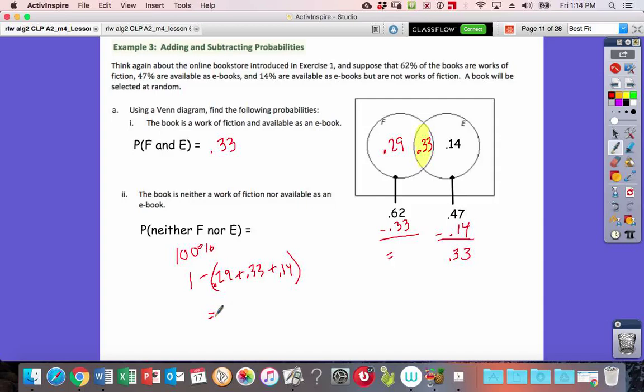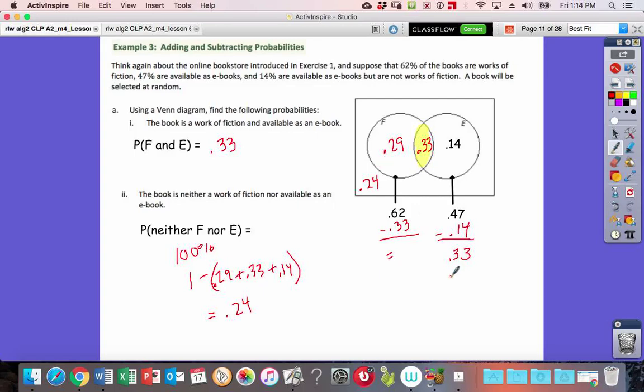And I would get 0.24 or 24%. So when I come over here, I would put this right here. Okay? So do you see how we did that?